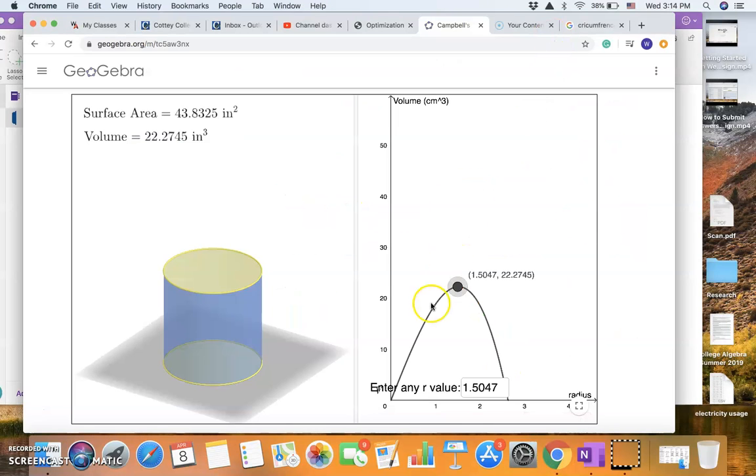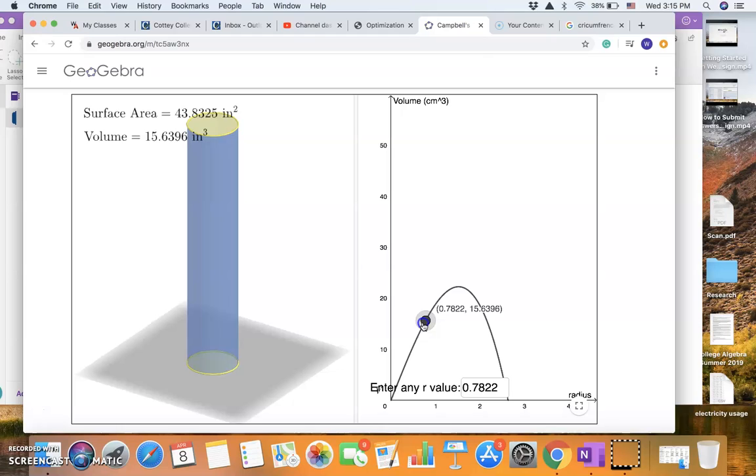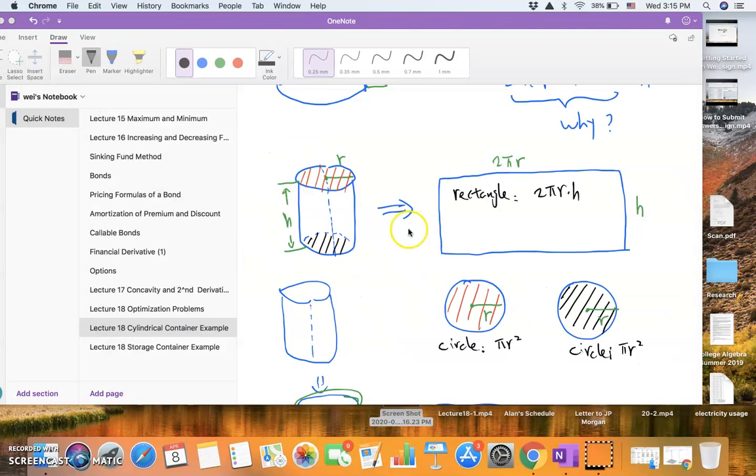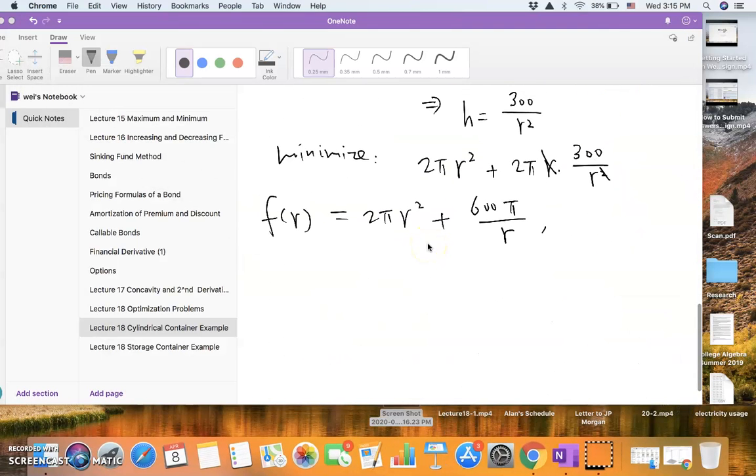The radius can be as small as possible, but remember, it cannot be 0, because if it's 0, the cylinder will not exist. Therefore, the domain of the function starts from 0 to positive infinity.